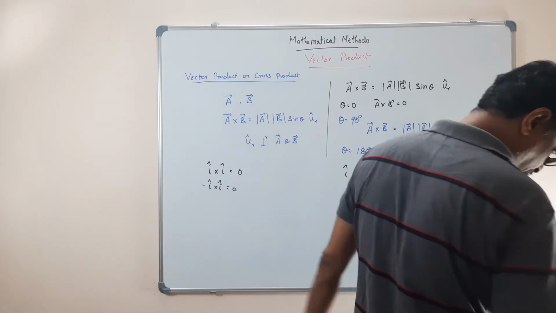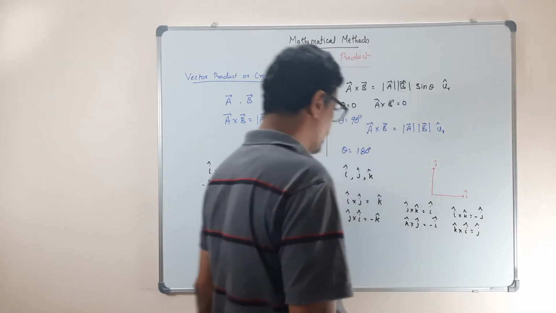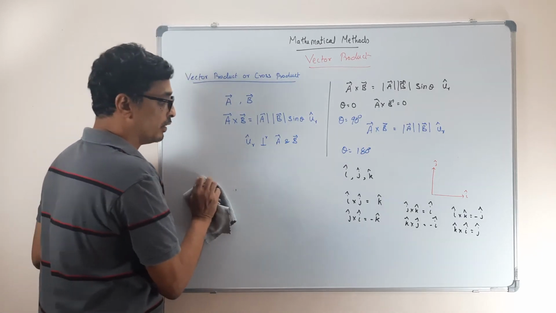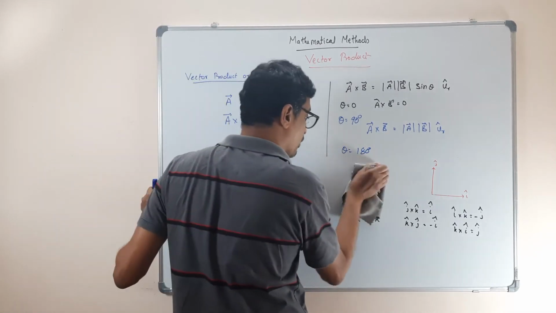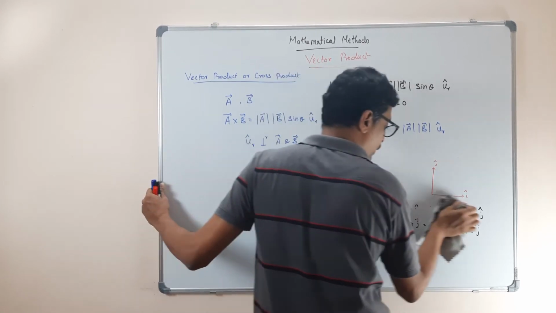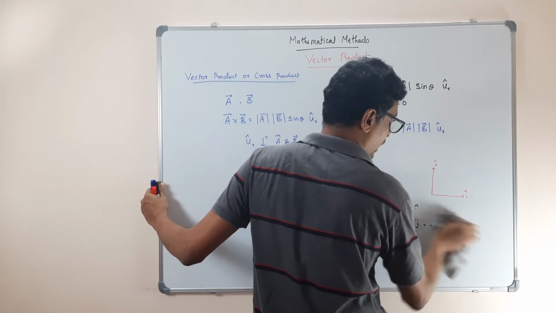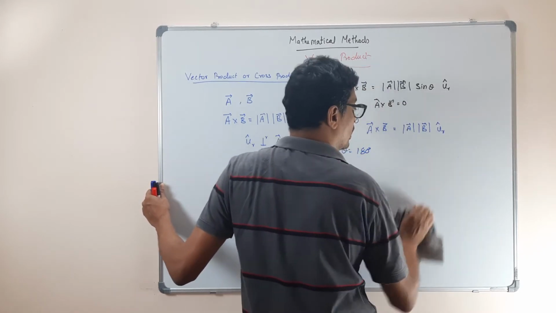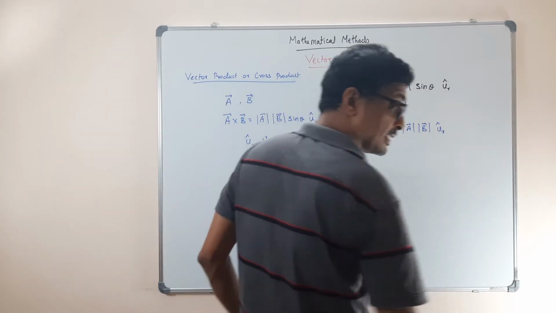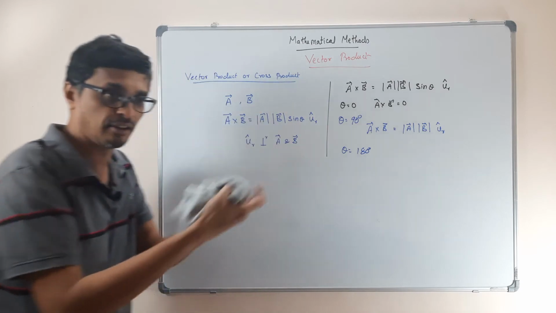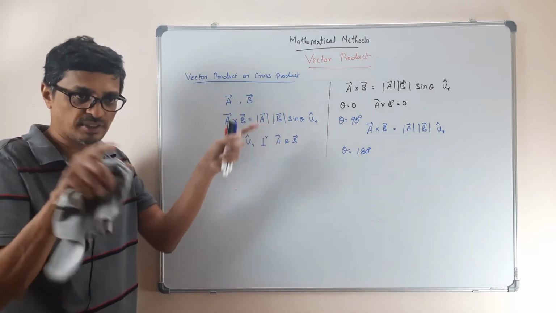So this is how the vector product of these unit vectors is defined. Okay, so now let us do another. Given two vectors A and B, I want you to do the cross product in terms of components. You resolve them into rectangular components, XYZ components.